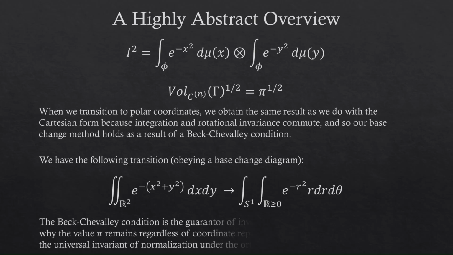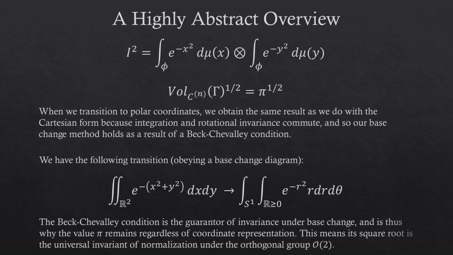And the Beck-Chevalley condition is then the guarantor of invariance under that base change that we see here from dx dy to r dr d theta with the different boundaries. And this is why the value pi remains regardless of coordinate representation. And so that means its square root is the universal invariant of normalization under the orthogonal group O2.